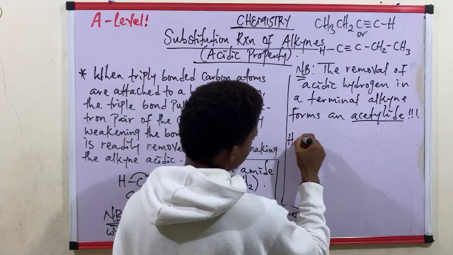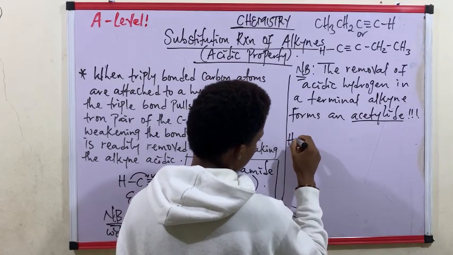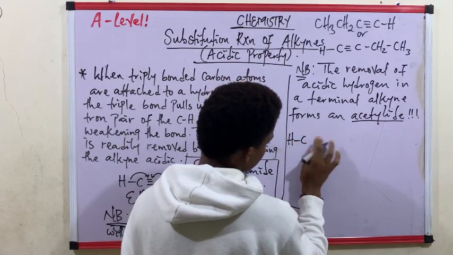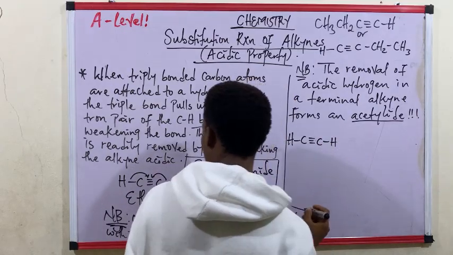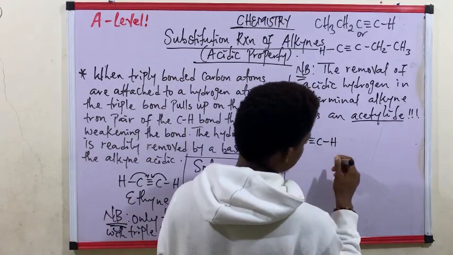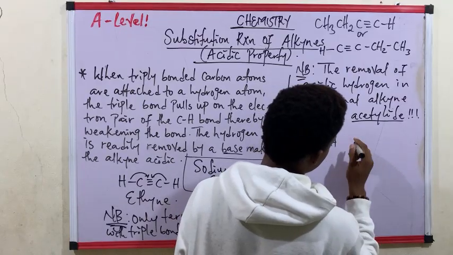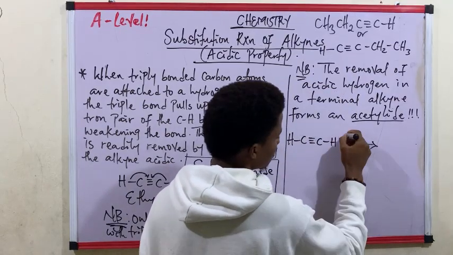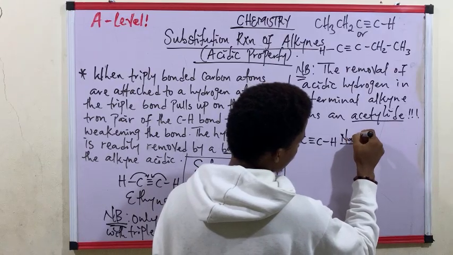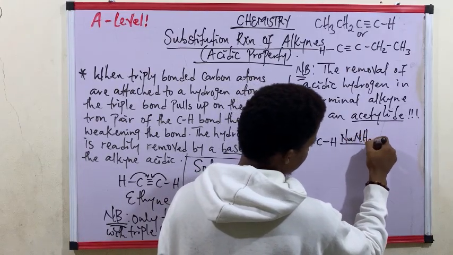So now look at this reaction. So we have HC triple bond C then H. Alright, now this in the presence of our base, don't forget our base is what? Sodium amide.